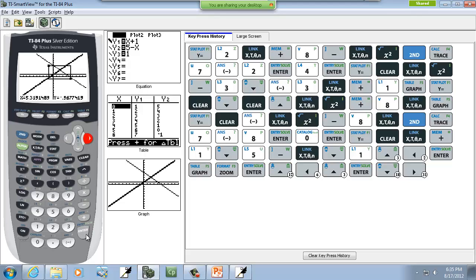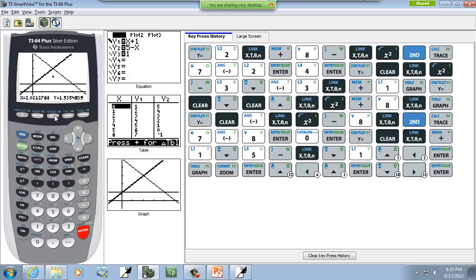And once I get down to there, then I'll press enter. And it'll zoom in on just that piece. Now, I'll forget to do it at the end of this problem, but to set it back, you choose zoom and choose ZStandard.